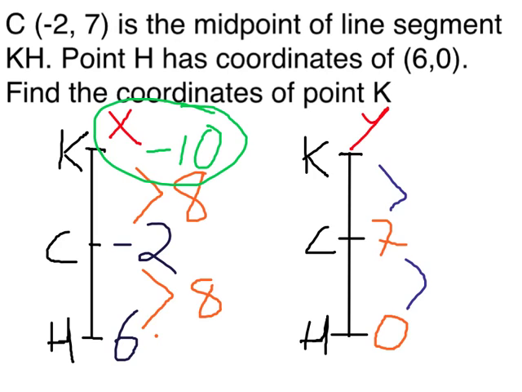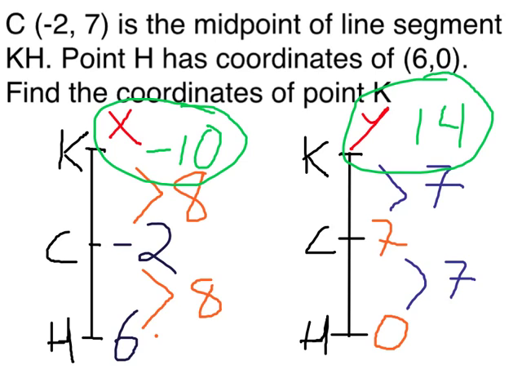I know the distance between 7 and 0 is just 7, so the distance is going to be 7 up here too. So I just add 7 and 7, because I did 0 plus 7 to get to 7. Now I'm going to do 7 plus 7, and that'll give me 14. So the coordinates of point K are going to be (-10, 14). I ran out of room here, but it shows that the x value is -10 and the y value is 14. That's one way to do it.